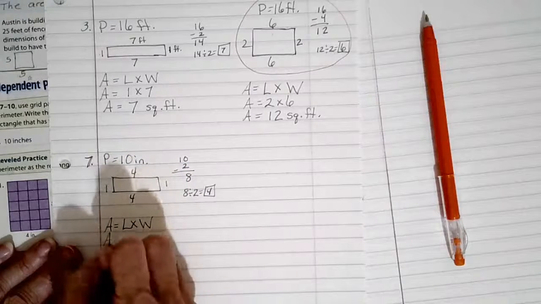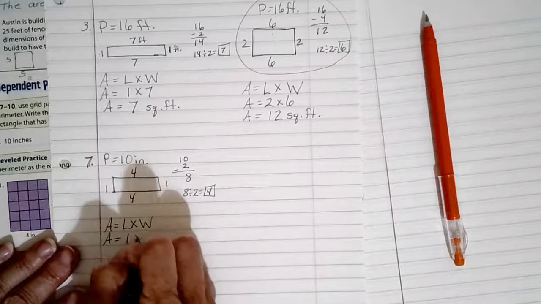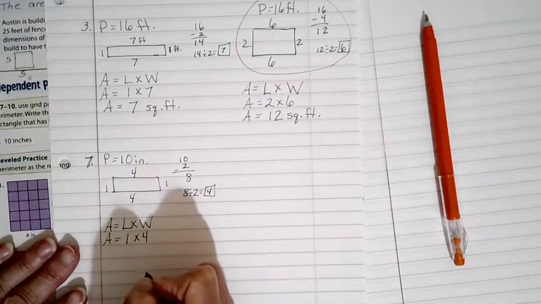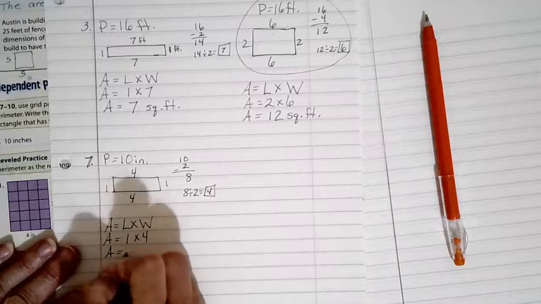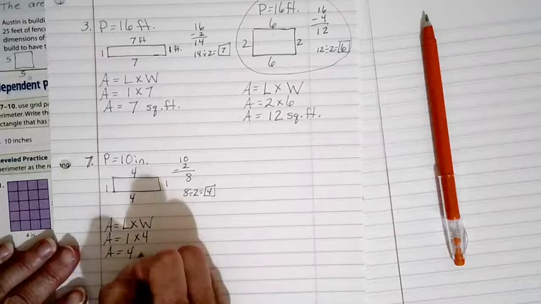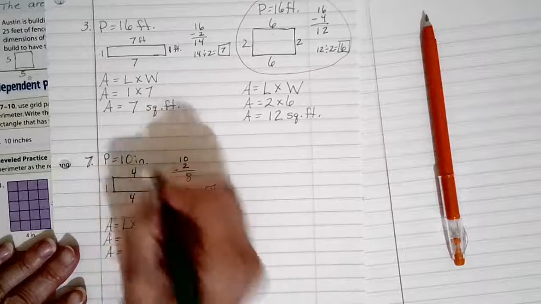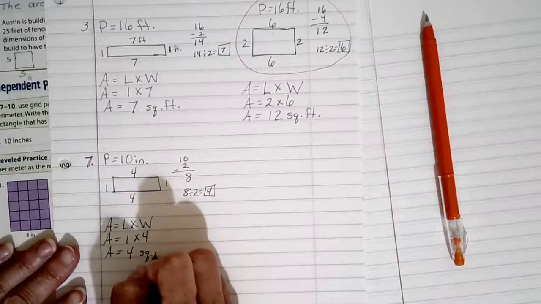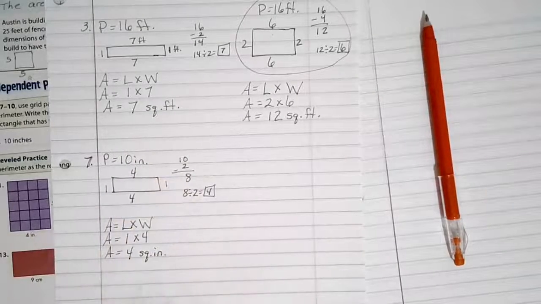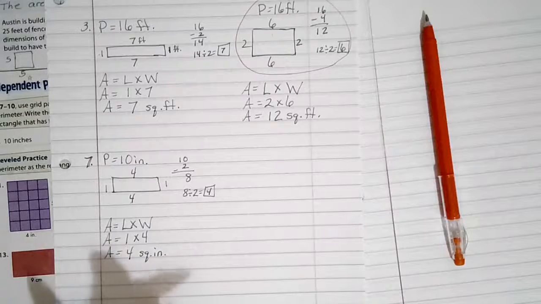So I've got area equals 1 times 4. Area equals 4. And for area, remember, square. And what's my unit of measure? Inches. 4 square inches.